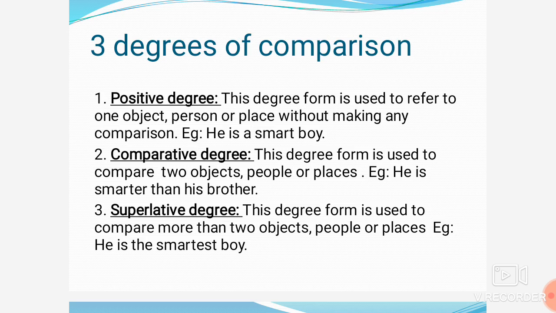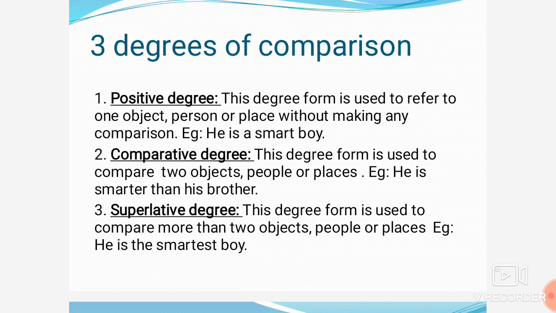Second one, comparative degree. This degree form is used to compare two objects, people, or places. For example, he is smarter than his brother.